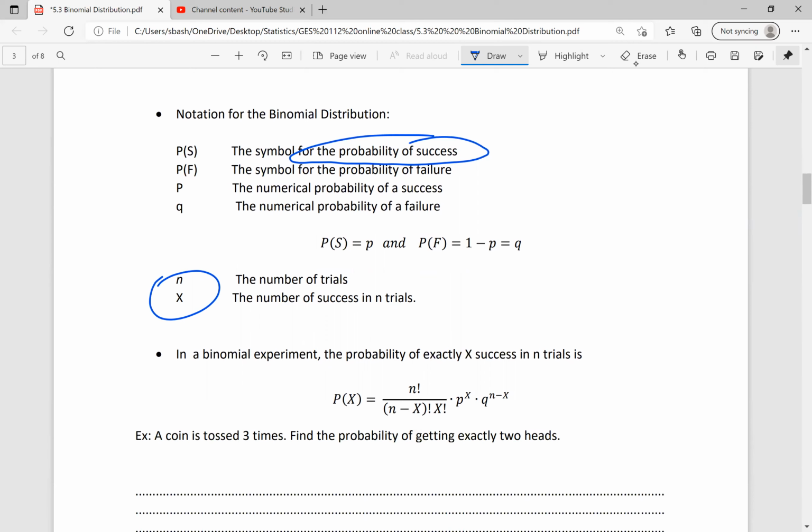In a binomial experiment, the probability of exactly x successes in any trial is given by P of X equal to n factorial. This notation is called the n factorial.